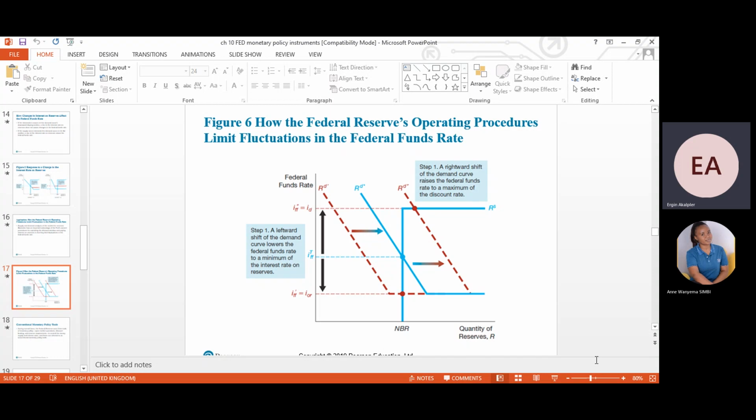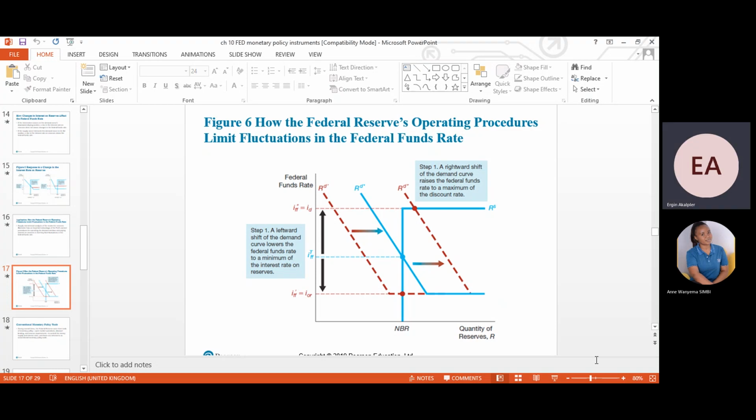and on the left side, the leftward shift of the demand curve lowers the federal funds rate to a minimum of the interest rate on reserves. And as you see on the right side of the same graph, the initial federal fund rate becomes similar or equal to the discount rate, and it is then shifted to the right.